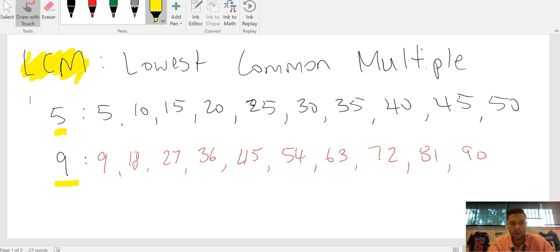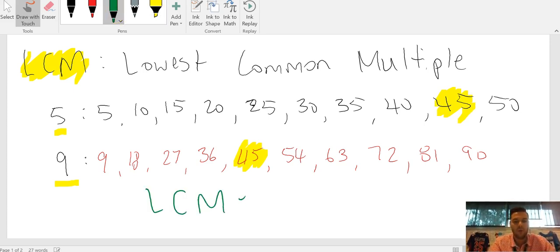So nope, nope, nope, 36 doesn't. 45, yes. So if I look here, my lowest common multiple between 5 and 9 would be 45. Okay, that's what we're looking at, the lowest common multiple, the smallest number they both have in common.